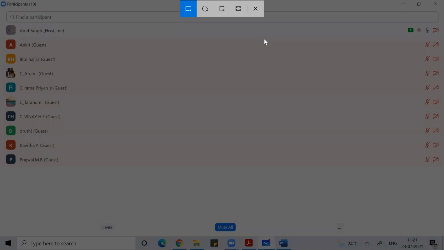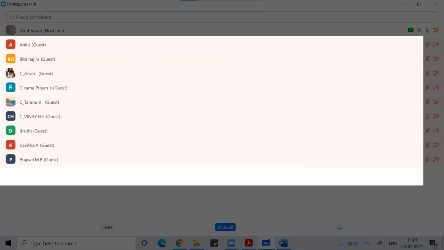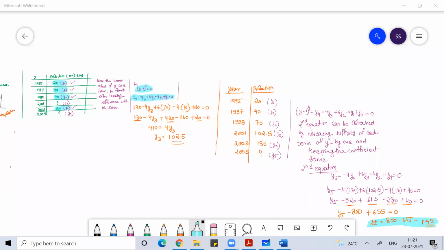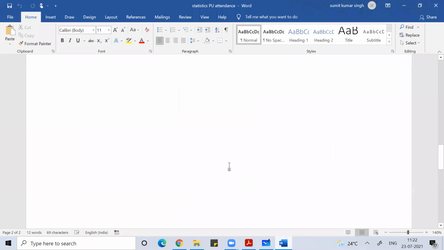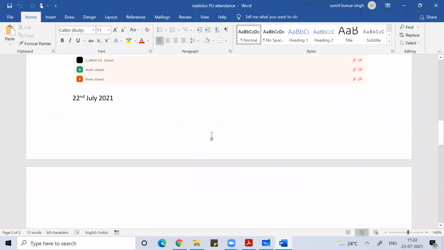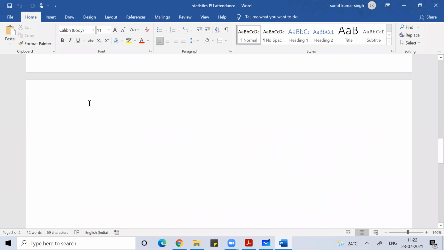Ankit, how did you find it? Is this easy or difficult? Simple. One formula is there. First time maybe you're seeing it, so you feel a little bit odd. You just need to use that formula. The same kind of calculation you need to do two times to get the answer.